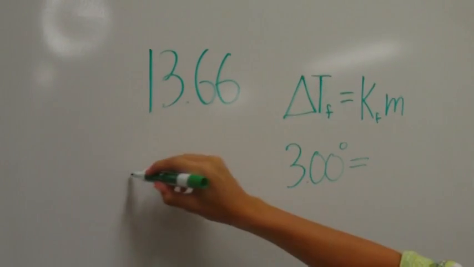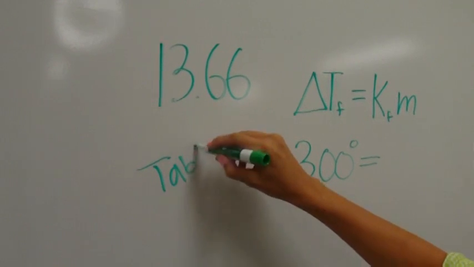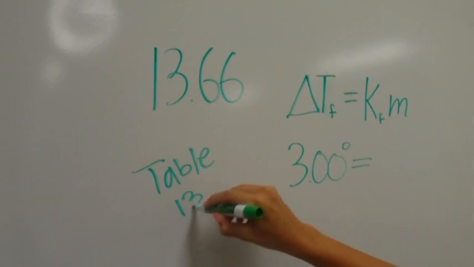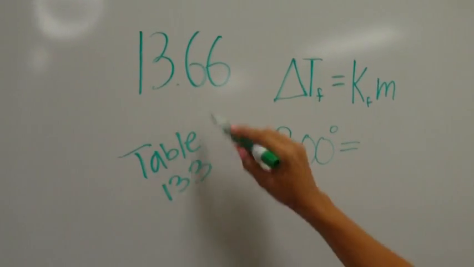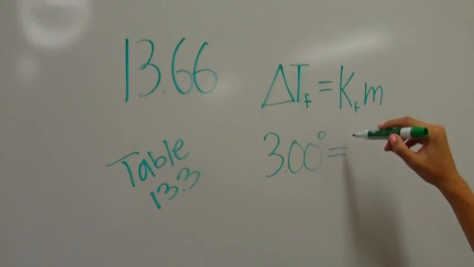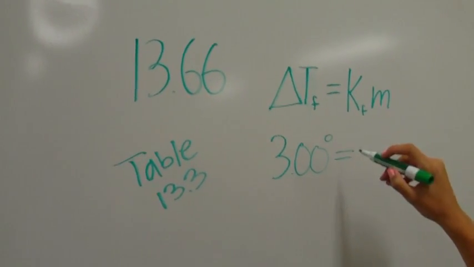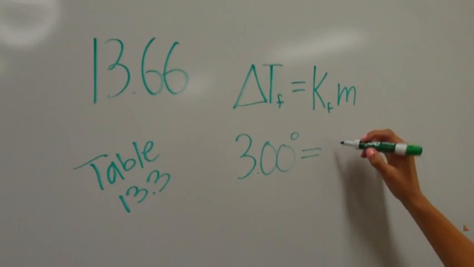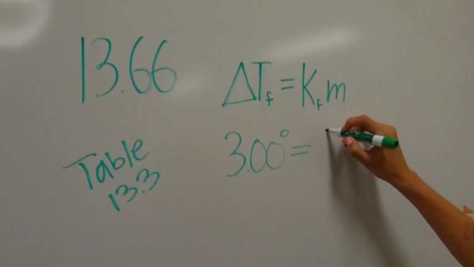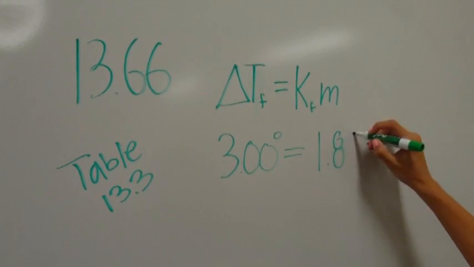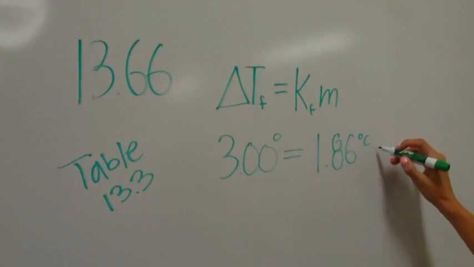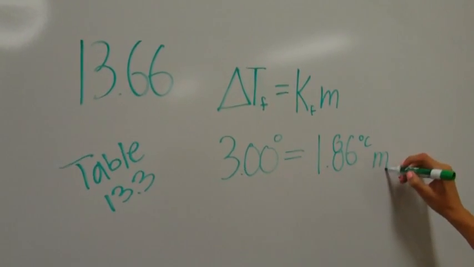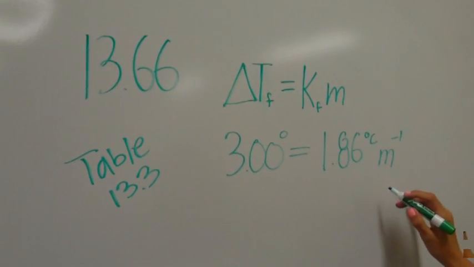Table 13.3 in the book gives freezing point and boiling point constants. So we want the one for water, which is 1.86 degrees Celsius per molality.